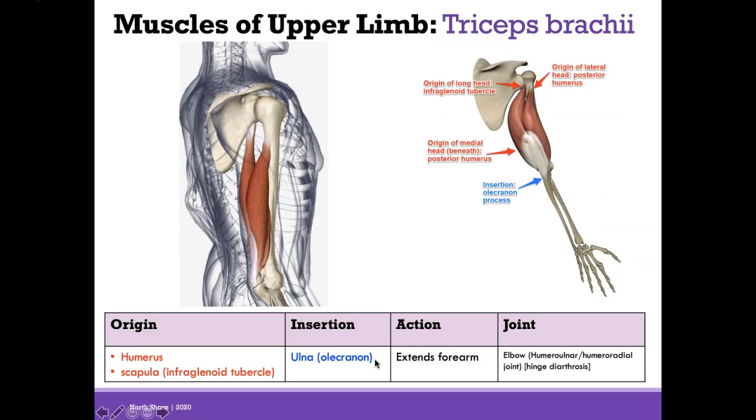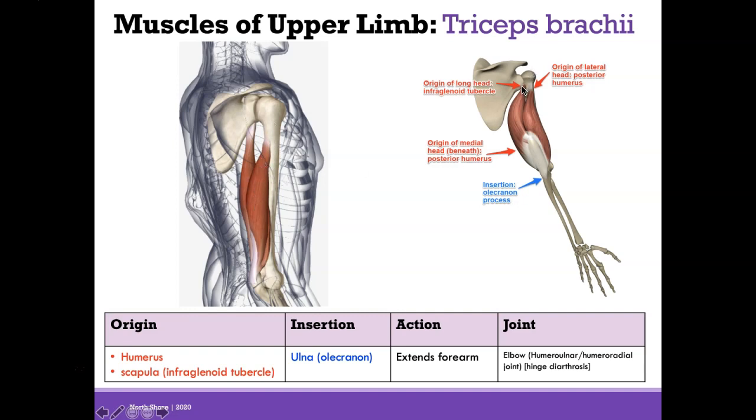So the triceps brachii antagonizes the biceps because it helps extend our forearm at the elbow joint. And the triceps has 3 different attachments. You don't really have to know all 3 specific attachments because it has 3 heads. What I want you to know is that it originates on the humerus.